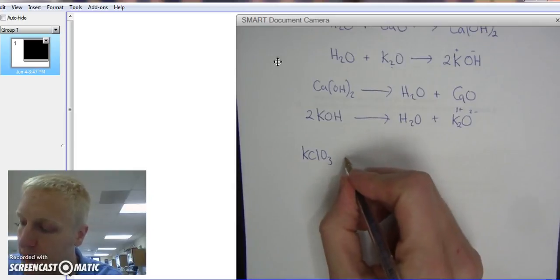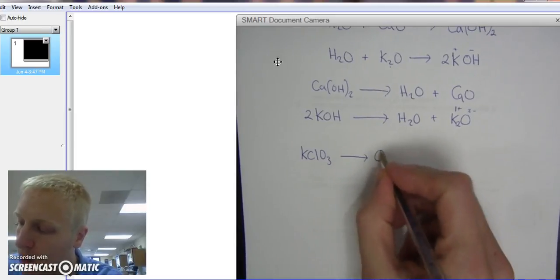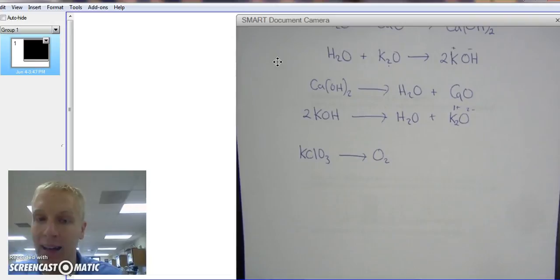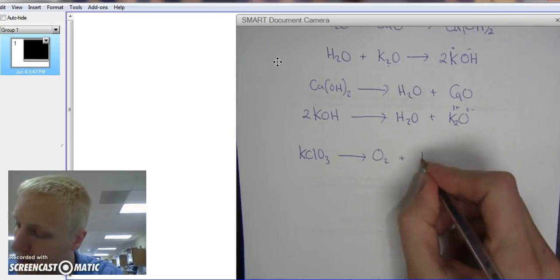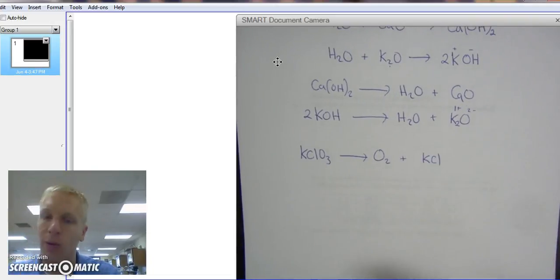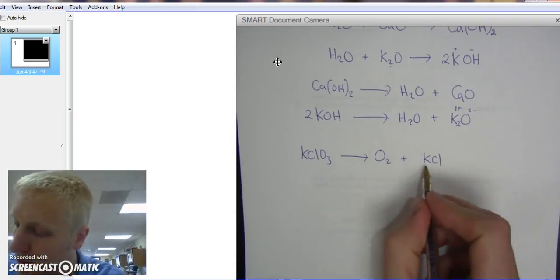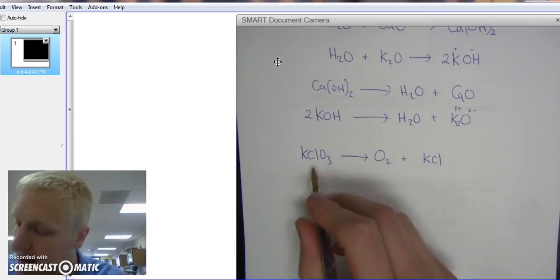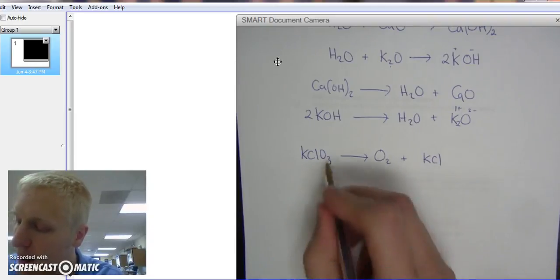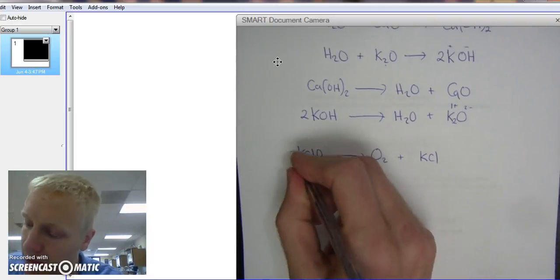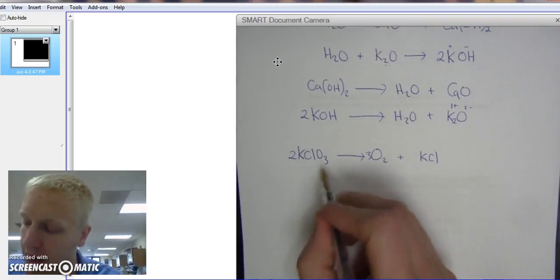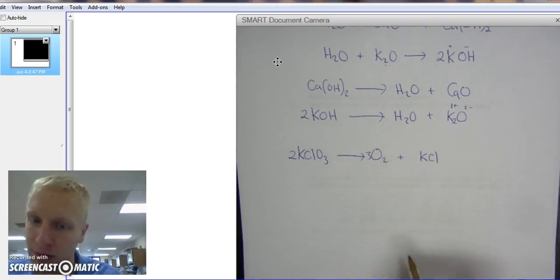This is going to decompose to form O2 gas and a chloride. So it always forms O2 gas and a chloride. So here we have 1 potassium, 1 potassium, 1 chlorine, 1 chlorine, 2 oxygens, 3 oxygens. So put a 2 in front of that, 3 in front of that. 2 times 3 is 6, 3 times 2 is 6. 2 KCl, 2 KCl.